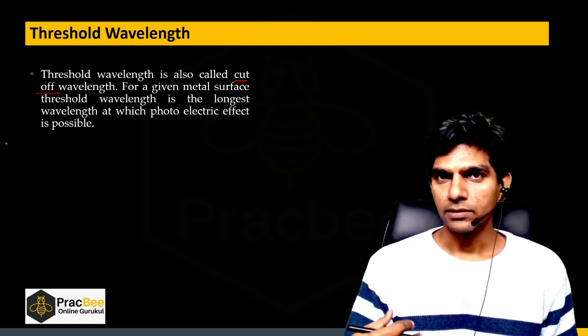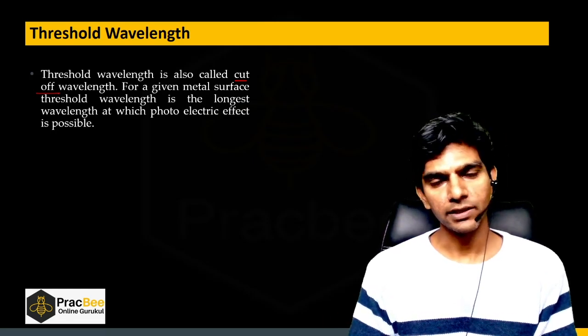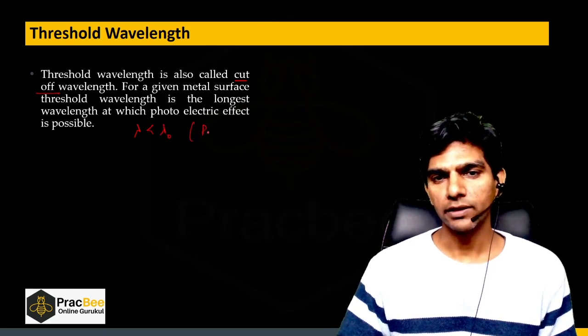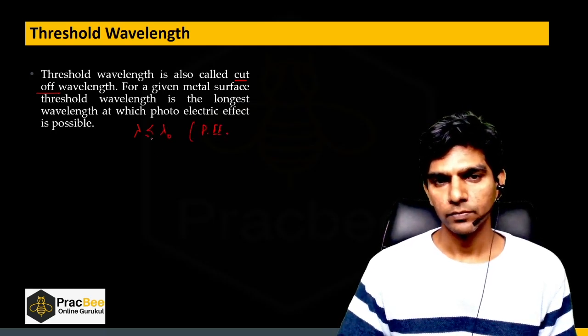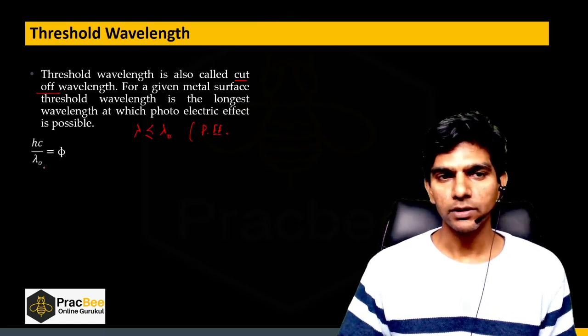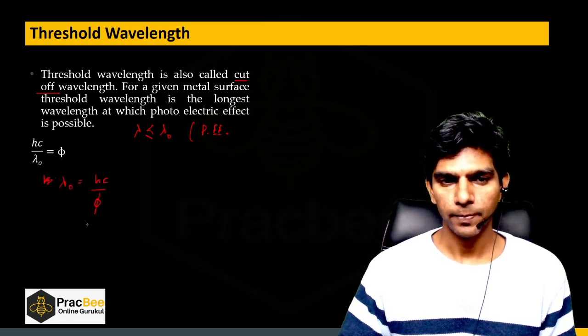Right. So if we decrease the wavelength, then the frequency will increase. So if we have a wavelength which is less than the threshold wavelength, in that case the photoelectric emission will happen, right? We can find the threshold wavelength by this formula: the threshold wavelength is equal to hc upon phi.